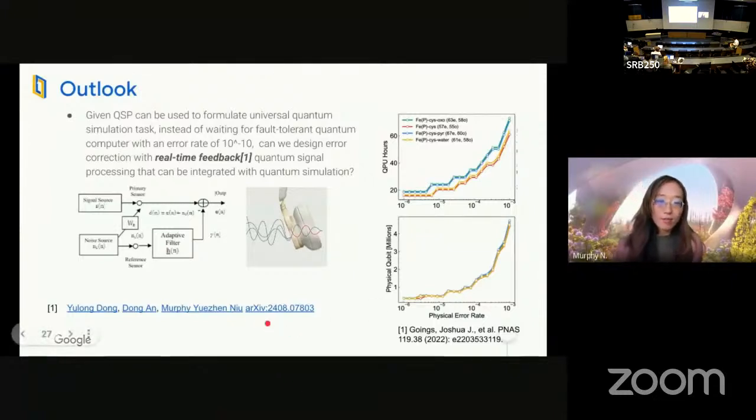Indeed, in a recent work of ours, we show that quantum signal processing have already a very nice structure that we can use for feedback or feed forward. In this way, we can try to avoid this type of millions of qubit requirement in regard to the resource that's needed for real world impact.